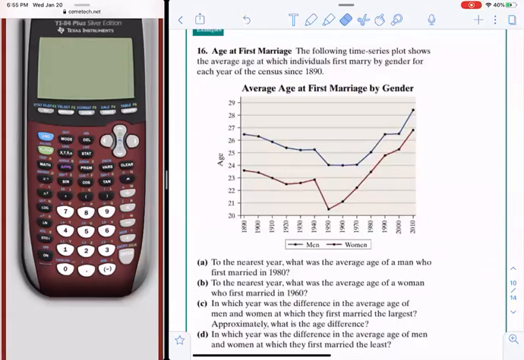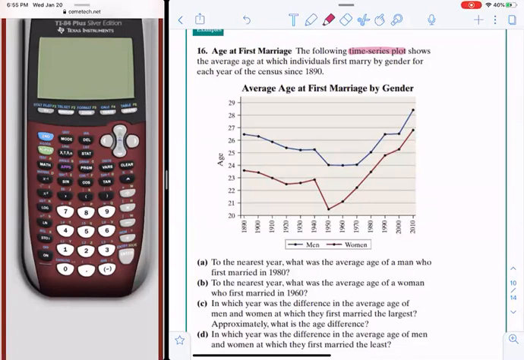So the graph that we see here is what we call a time series graph. A time series graph is pretty much a line graph. You might have used Excel or other software, and they would say, oh, draw a line graph.